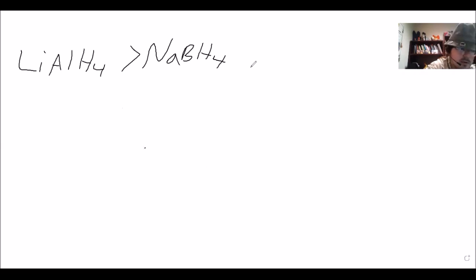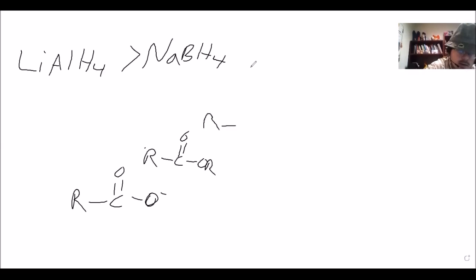So in the classes of compounds that will react, we can have out here a carboxylate, essentially like acetate, essentially like acetic acid. We could have a full ester, neutral ester. We could have a ketone, and we can have an aldehyde.